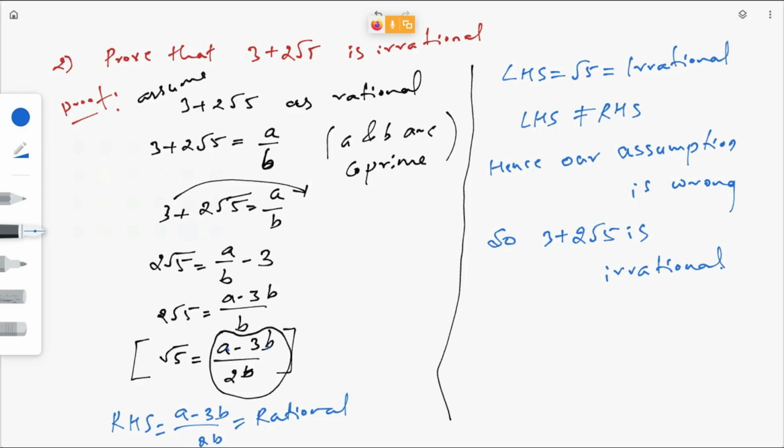Then you will get root 5 is equal to some expression, where a and b are integers. As a and b are integers, our RHS is a rational number. But LHS is root 5, which is irrational. Hence, LHS is not equal to RHS. Our assumption is wrong. So 3 plus 2 root 5 is an irrational number.